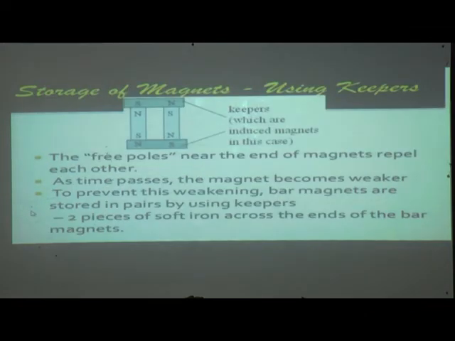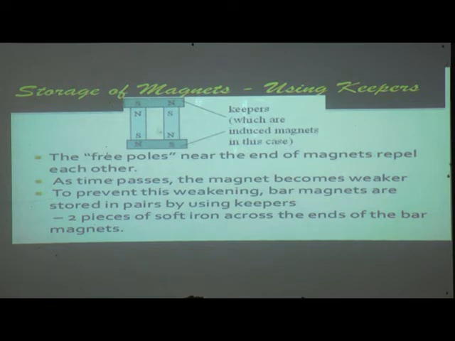Then storage of magnets. So we should keep or store these magnets very carefully. Okay, why? Because if we do not keep these magnets properly, they will lose their capacity of magnetism. So the free poles near the end of magnets repel each other. So like this we have two keepers which are induced magnets in this case.